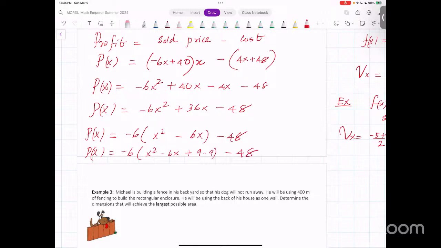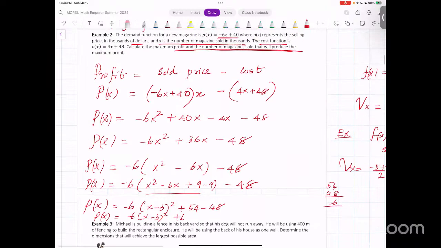So now we know this is the perfect square. $54 take away 48. So calculate the maximum profit and the number of magazines sold.